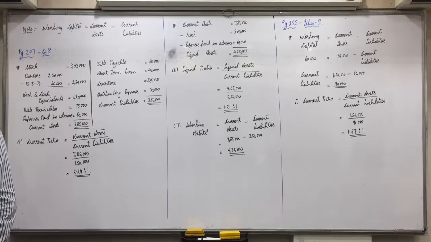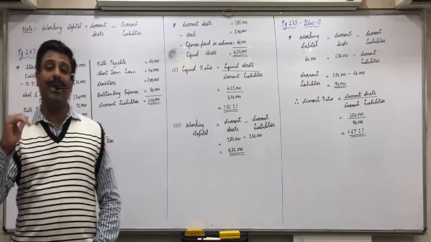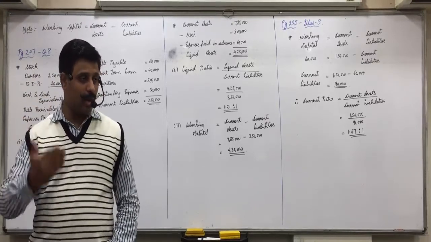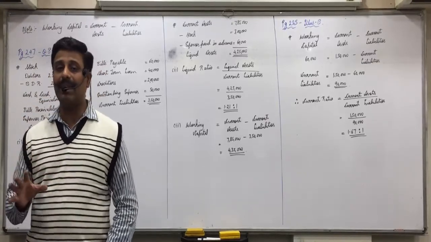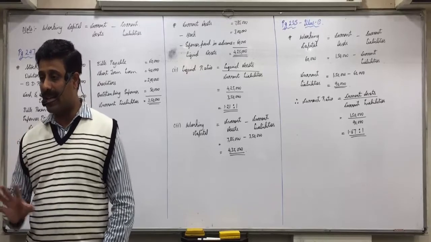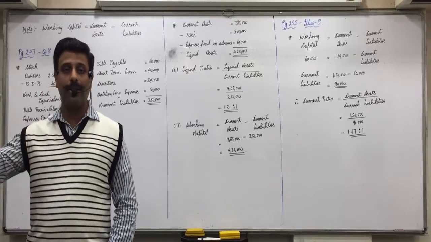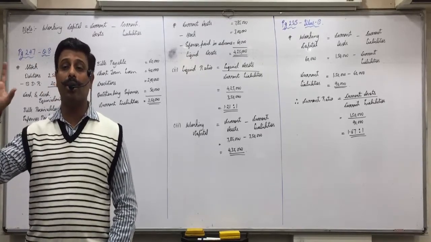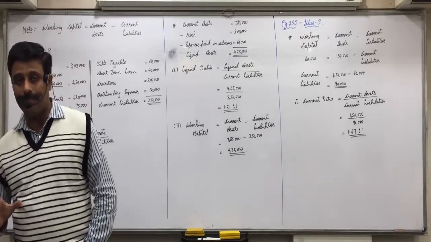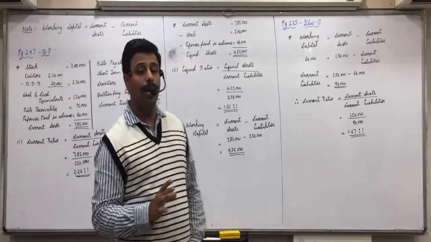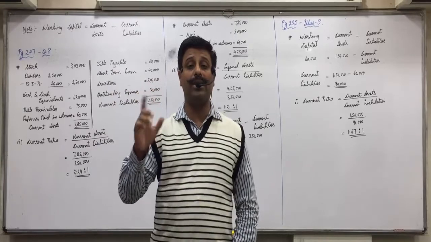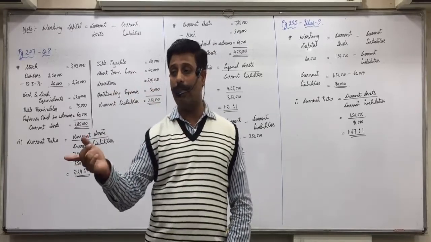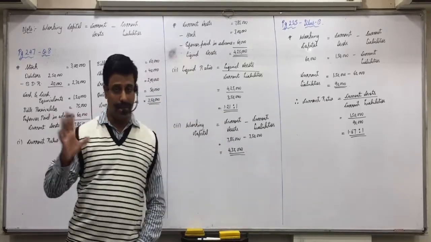The first 2 ratios have very simple formulas you get from the name itself. And for the next two ratios, you get the formula from the meaning. So understand all the four. So far we have done 6 ratios and those formulas you perfectly remember. Gross profit ratio, gross profit upon sales into 100. Operating ratio, operating cost, that is cost of goods sold plus operating expense, upon sales into 100.